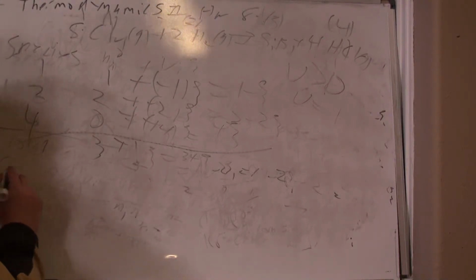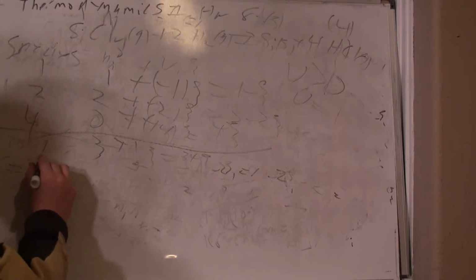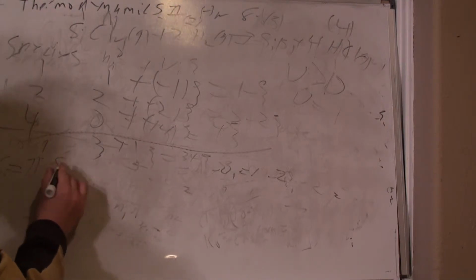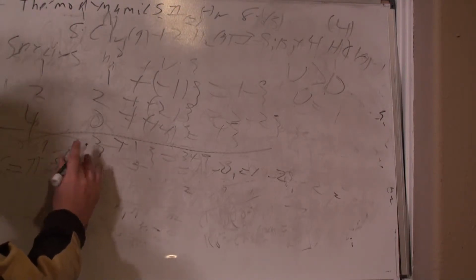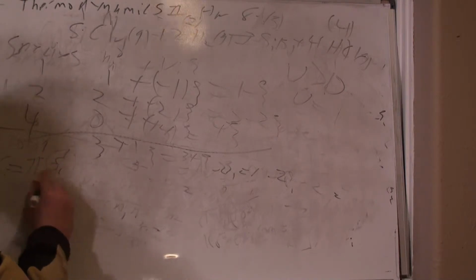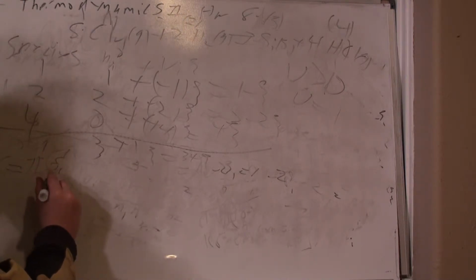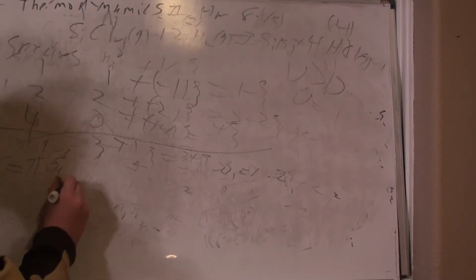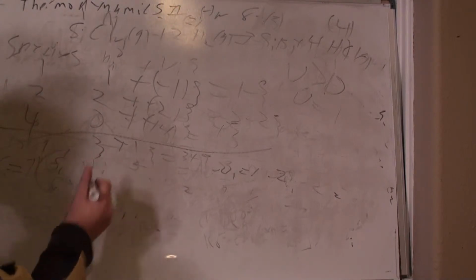So K is equal to the product of fi over fi naught to the nu i.